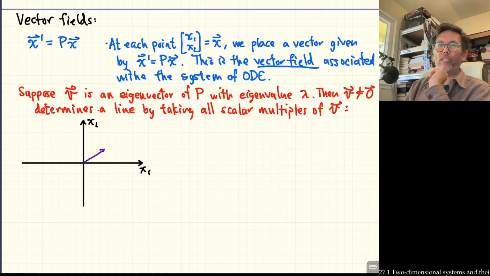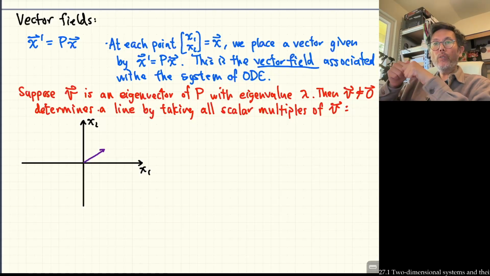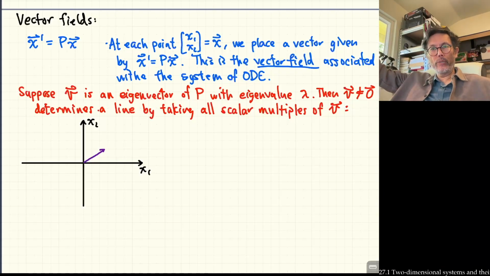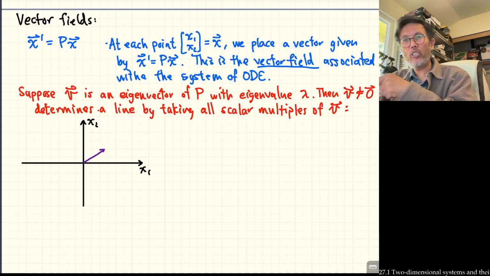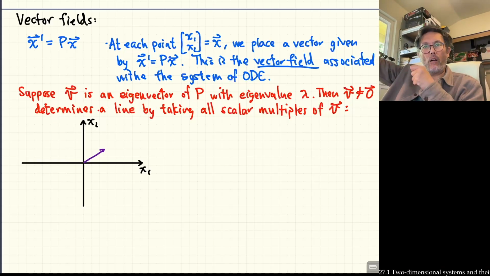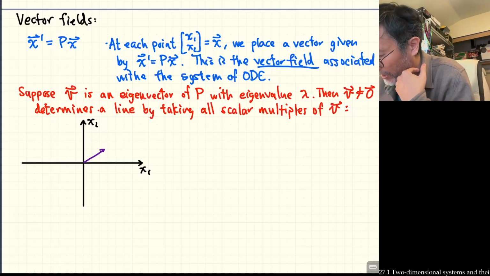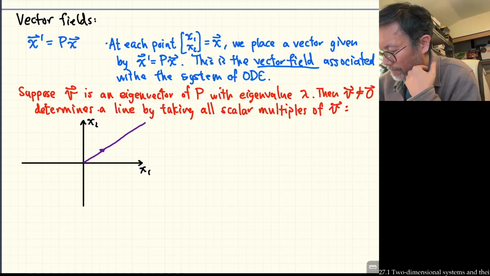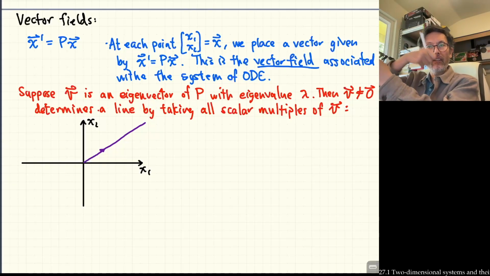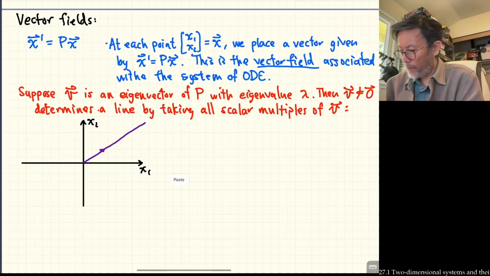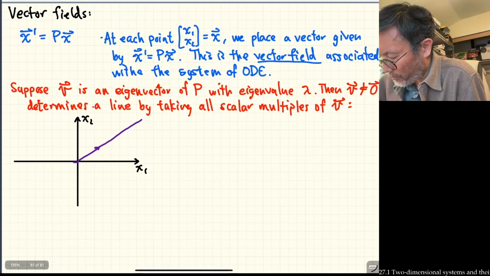This is my v in purple here. Now take all scalar multiples of that vector v. That's going to stretch this vector out toward infinity, determining a line's worth of vectors, like this. And if I take negative multiples of that vector, I'm going to get the ray which emanates from the origin going in this direction. Does that make sense?